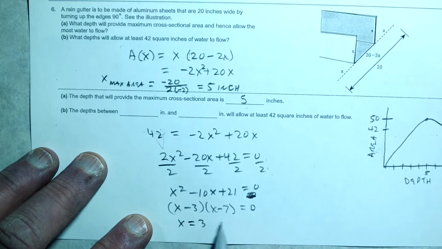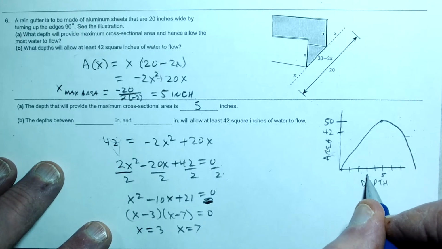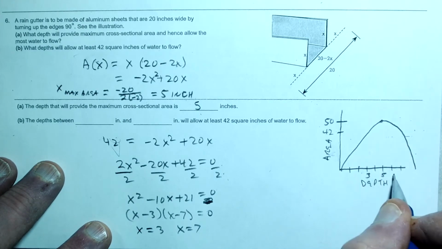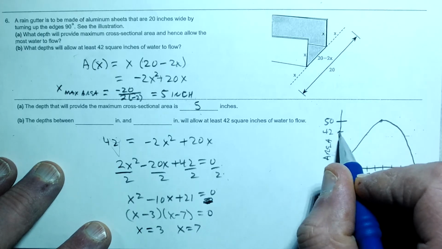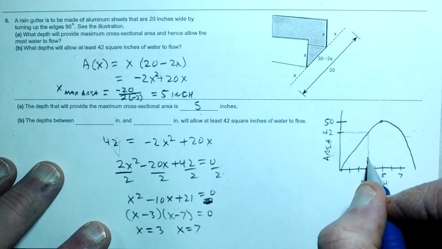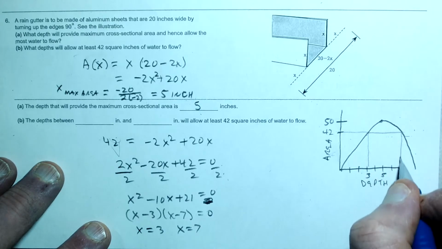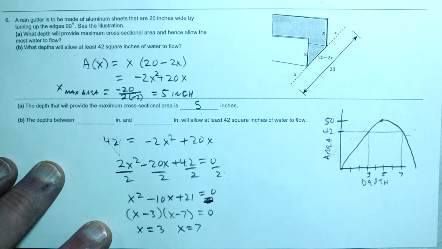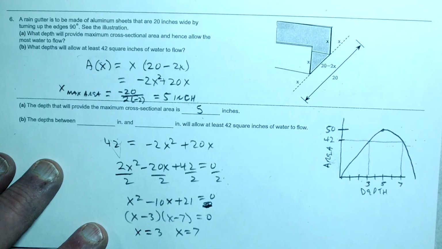X could have been 3 or X could have been 7 inches of depth. And so what we're saying is, at both 3 and at 7, we'd end up here at 42 square inches, right? It would be kind of like this, and also over here at 7, right? And so they would be the two different gutter combinations.